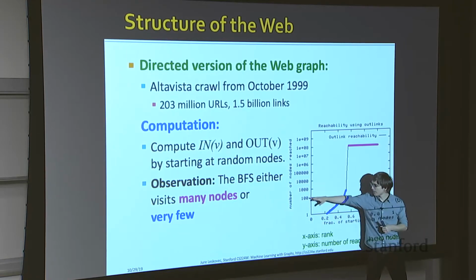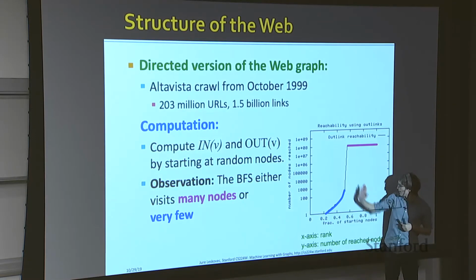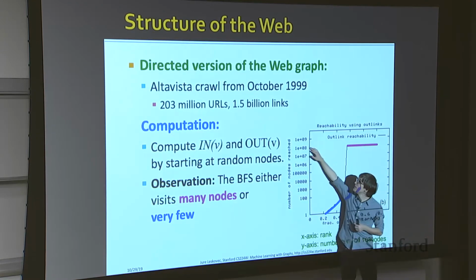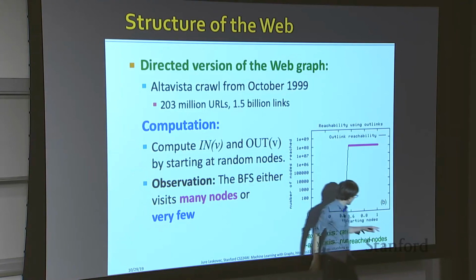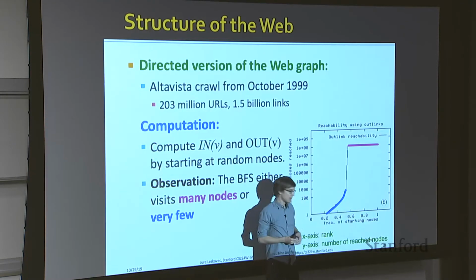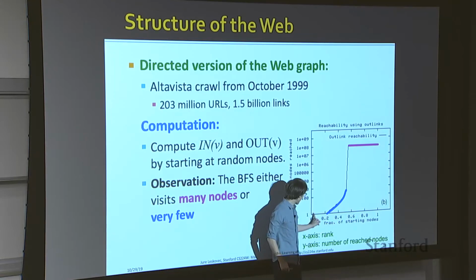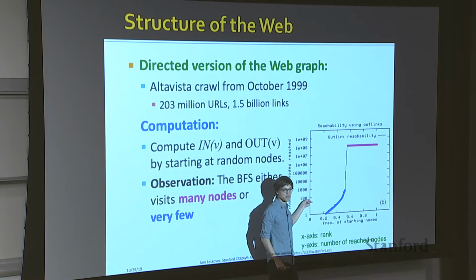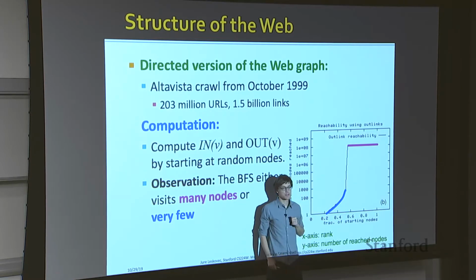You visit maybe about 100 nodes, 200, and then you cannot visit anyone else. But if you start at any of the nodes here, you visit many, many nodes in the graph. Is it clear what this is trying to say? Let's say I pick 100 different starting nodes. For every starting node, I see how many nodes BFS visits. And I just sort the starting nodes by the number of nodes the BFS visited. Right?